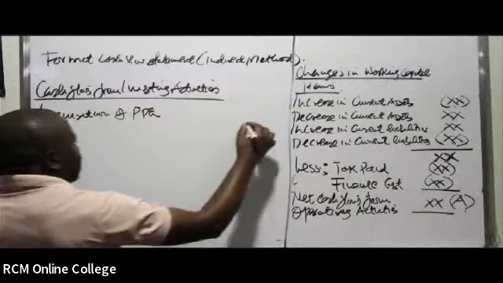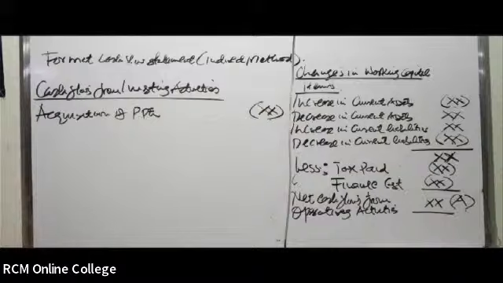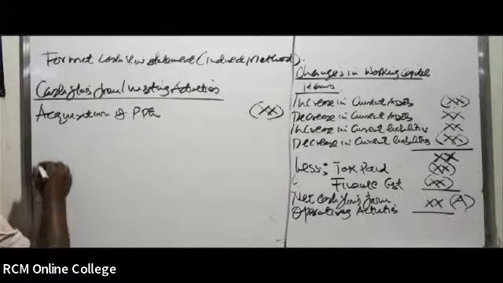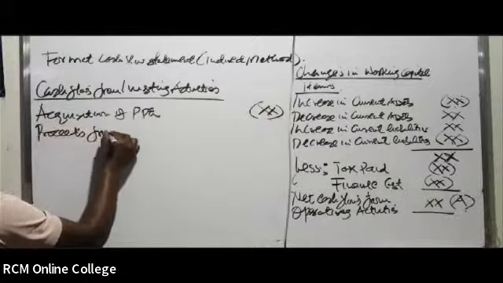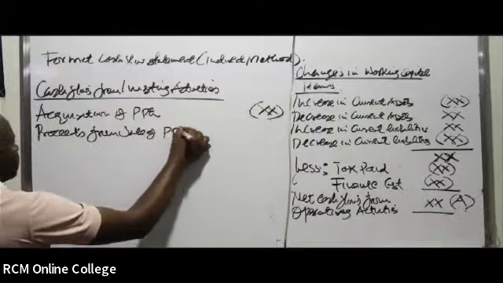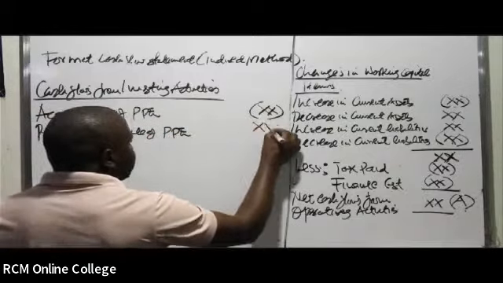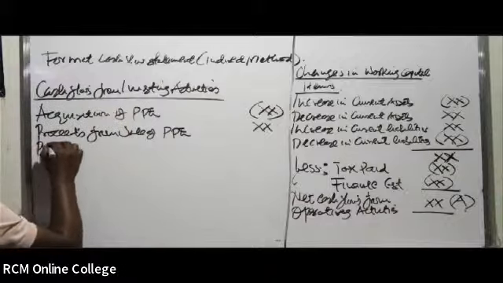This one, money was going out, so you deduct. Then proceeds from sale of PPE. This is an inflow, money is coming in. Maybe there can be proceeds from sale of investments.